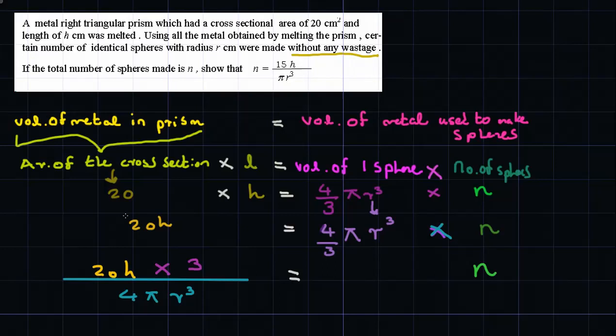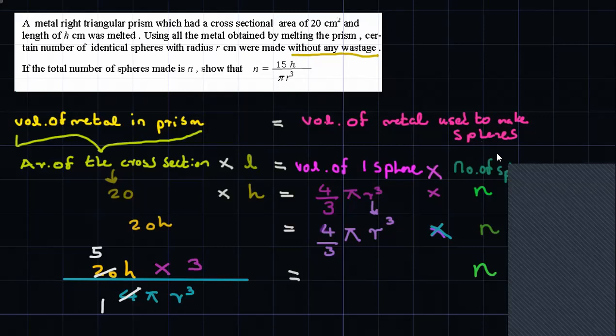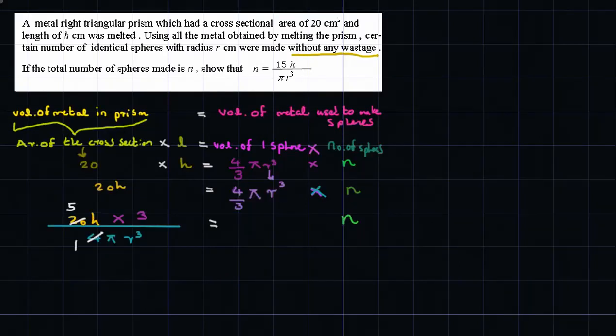All right, so now we'll cancel. 4 has 1, 4 and 20 has 5. All right, that's it with canceling. Now it's time to multiply. So when we multiply, we have 5h times 3. What would that give us? 15h.